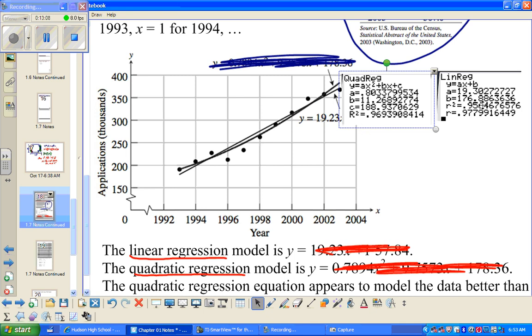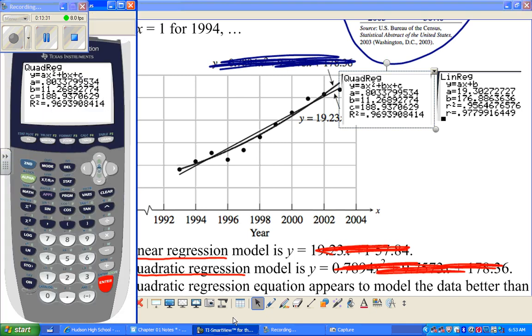This R squared is what we're comparing. You can see that the R squared is higher, or closer to 1, on the quadratic regression than it is on the linear regression line. So what that means is the quadratic regression line fits the data more closely than the linear one. So that's the model that we would use.